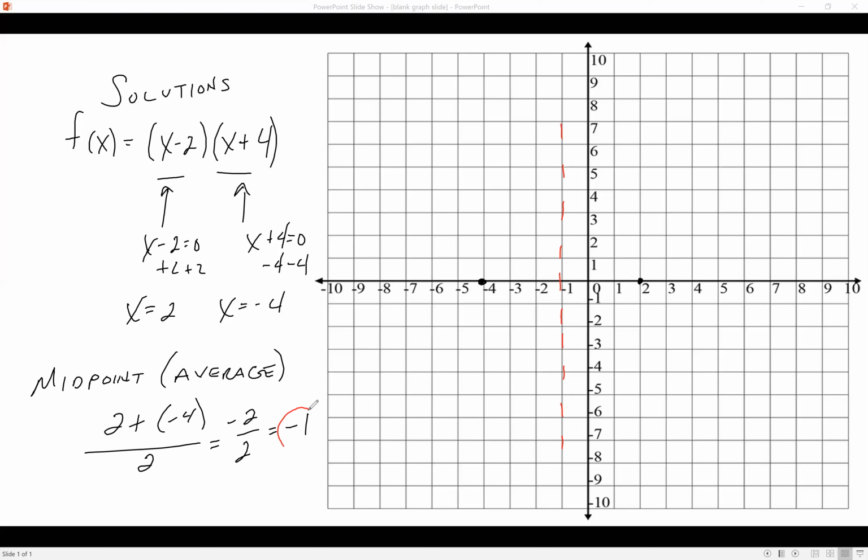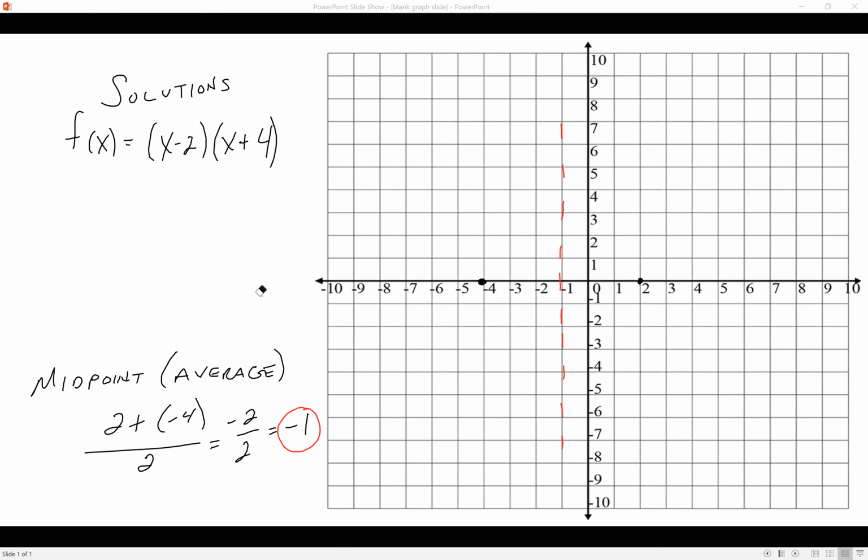But this right here is the key. I know that negative 1 is the x value of that vertex, okay? And so let me erase a couple things right here so that we can go back and figure out where exactly our vertex is, okay?